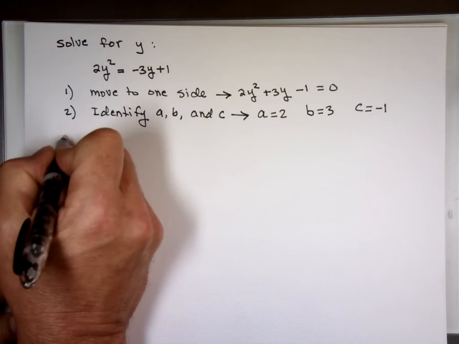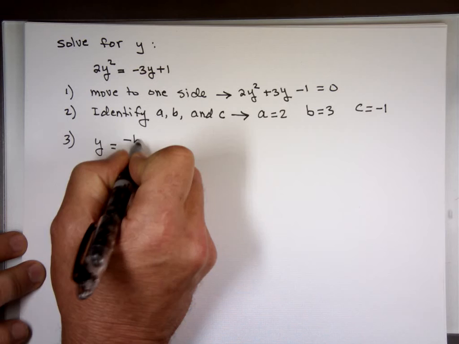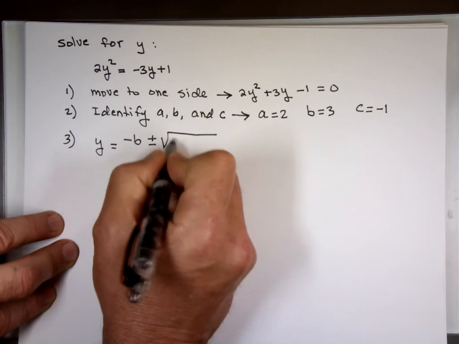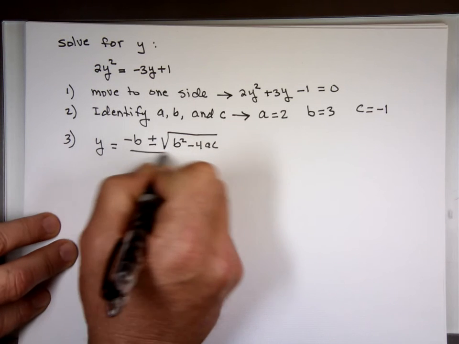Step number 3, use the equation y equals minus b plus or minus the square root of b squared minus 4ac divided by 2a.